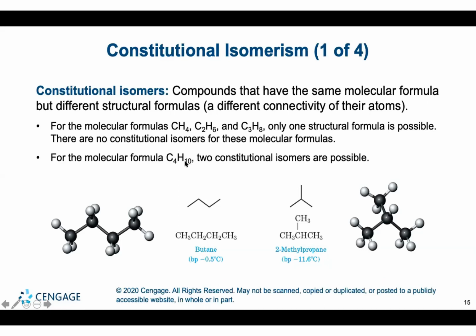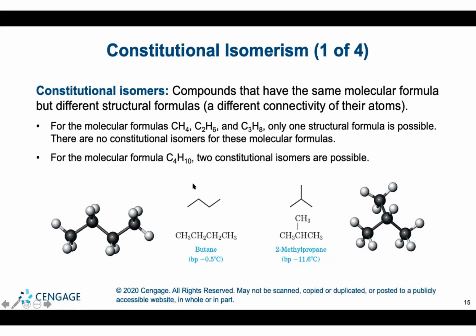In another way, I can remove one of the carbons from the main chain and add it as a branch in the second carbon. Then I will have 2-methyl propane, and if you count the number of carbons and hydrogens, you see that it is the same as this one.